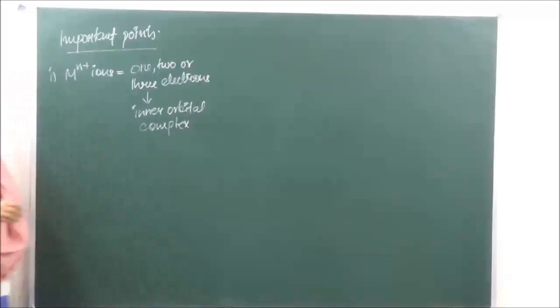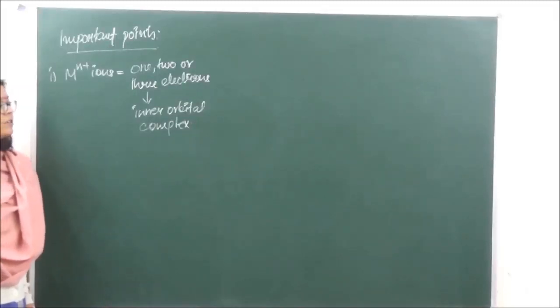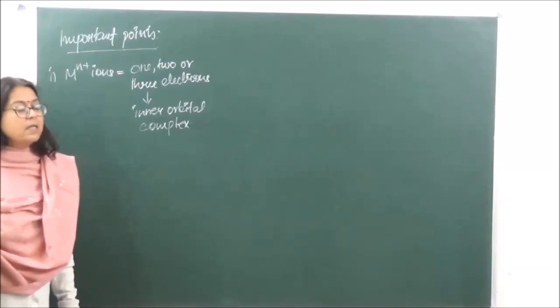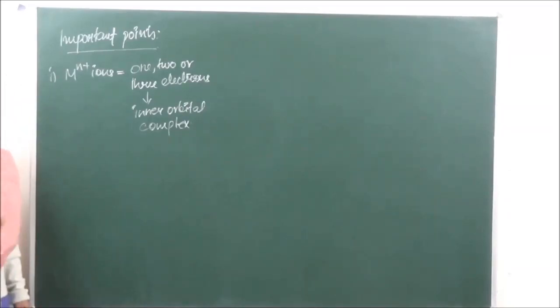Right? So all those M^n+ ions which are going to have 1, 2 or 3 electrons in the 3d, they are going to form inner orbital complex.